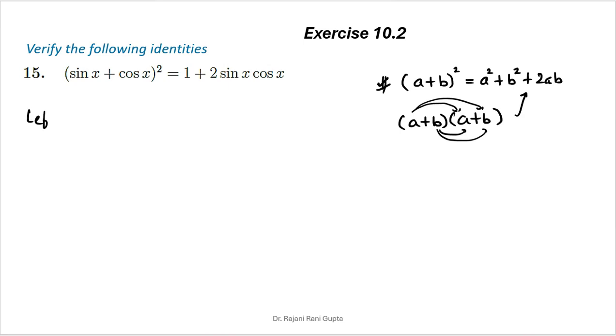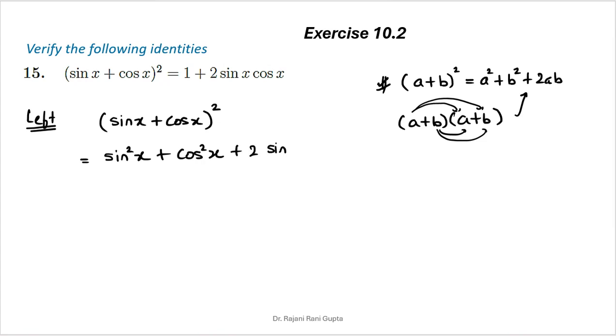Let's start with the left side. What you have is (sin x plus cos x) to the power 2. This gives you sin square x plus cos square x plus 2 times sin x cos x. How did I get this? I'm using this as a and this as b, so this is a square by the rule, this is b square, and this is 2 times ab.